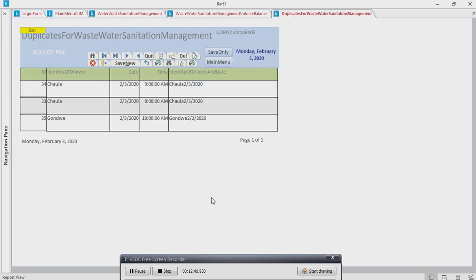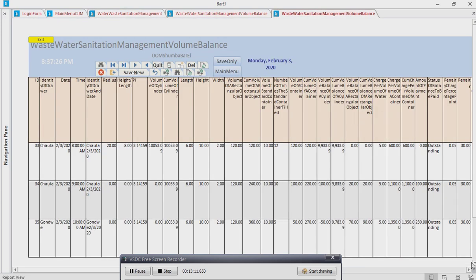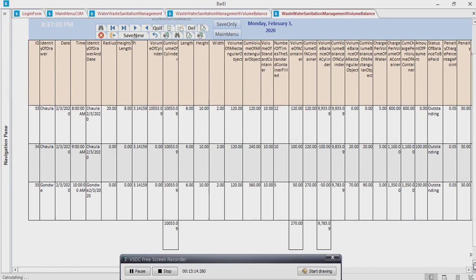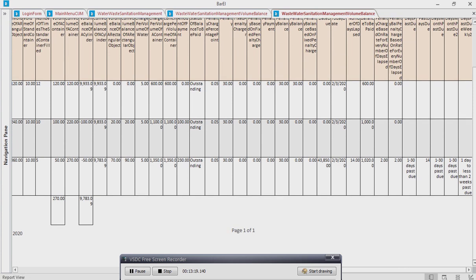So this one will just show list of drawers and for each date.